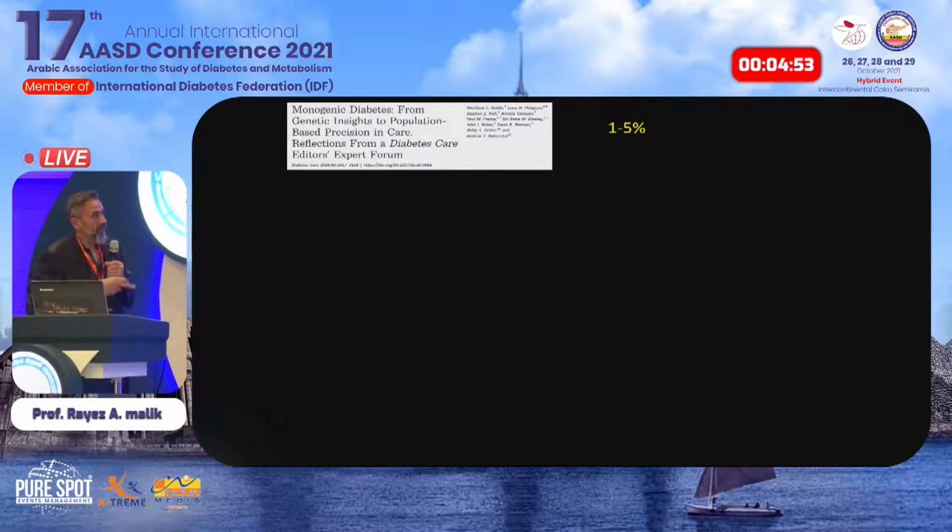The other form of diabetes is monogenic diabetes, very different from autoimmune type 1 diabetes. But I can tell you, in this part of the world, it is highly prevalent and we need to think about it. I say that because from my own experience coming to work in Qatar, I've discovered at least 12 young people over the last 5 years who were on lifelong insulin, and we did the sequencing and found that they had monogenic diabetes.